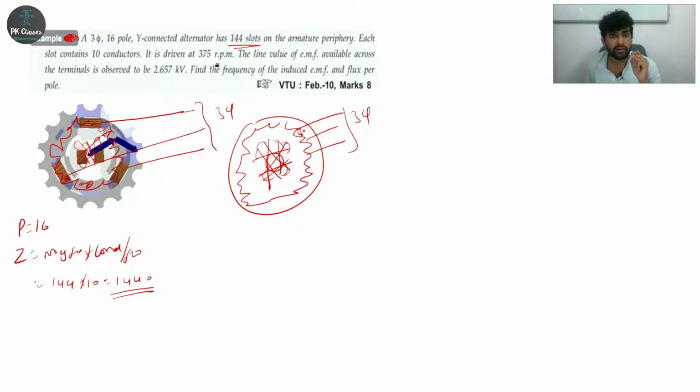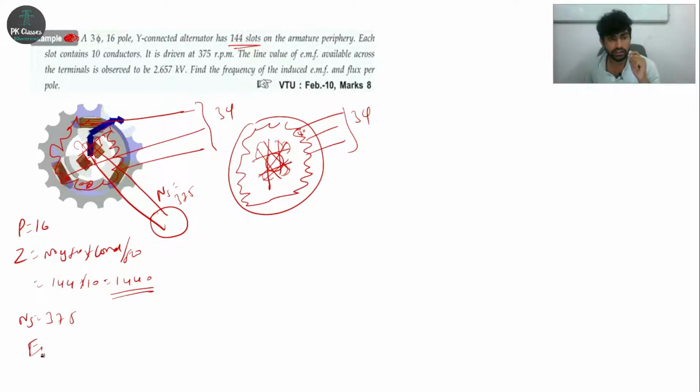And it is driven at 375 RPM. This rotor rotates at 375 RPM, that is Ns, the synchronous speed. So Ns is given as 375. The line value of EMF available across the terminal is observed to be 2.657 kilovolts.